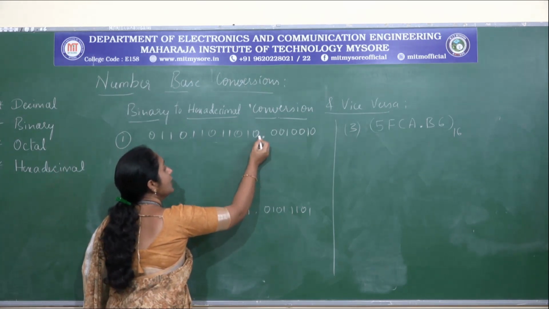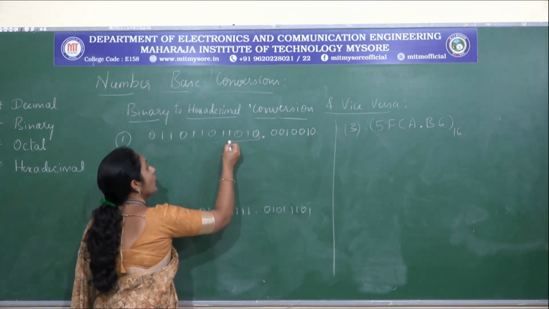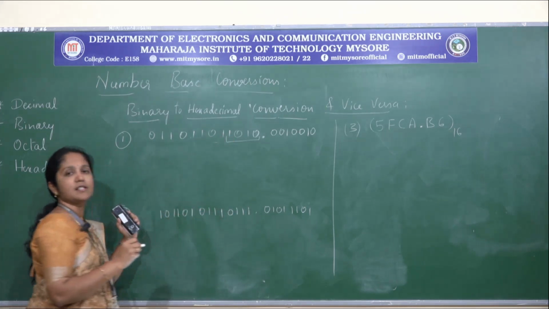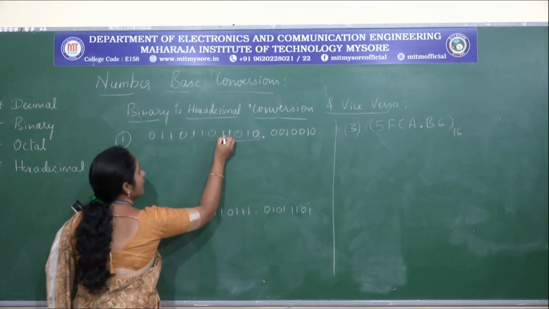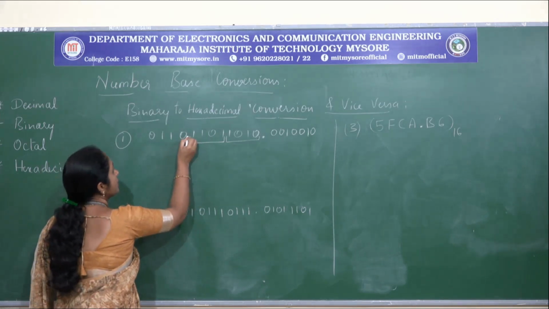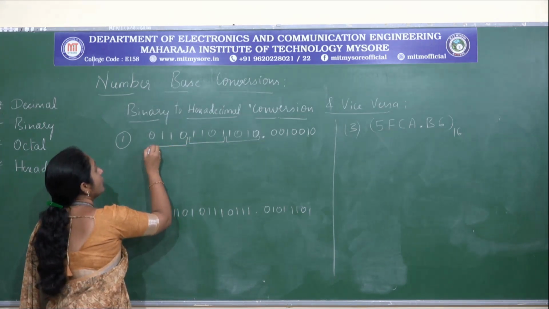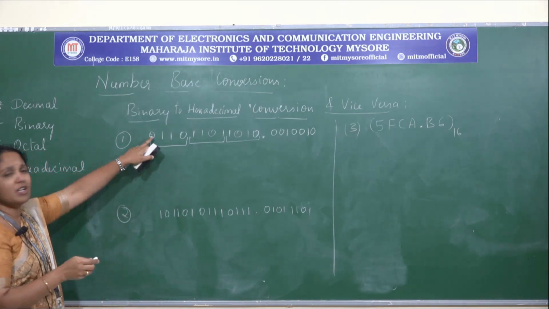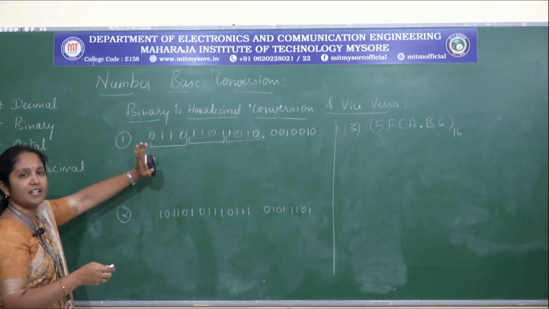We need to move to the left from the point. So 1 0 1 0, 4 bits. Next again 1 1 0 1, next 4. Next, here I have written 0 even though it does not carry any value.